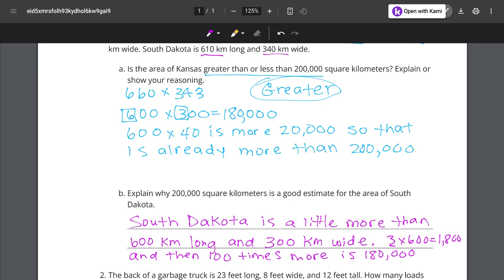Because of that, I know that it's a good estimate. So I'm going to write that statement down here. So 200,000 is a good estimate.